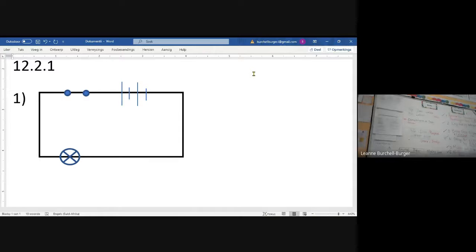So they're 2 different lines there. But if it's next to each other, like that, it's in series. If I have 2 lamps parallel, it would be like that. So they're not on the same line, but in series, they'll be next to each other. Okay.